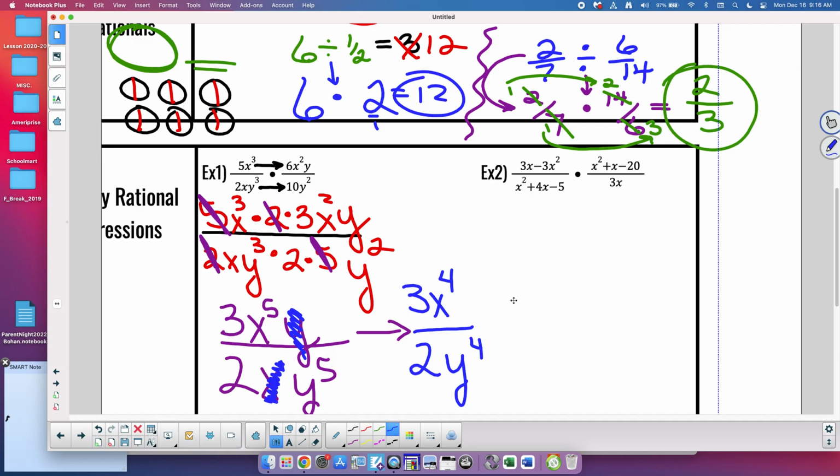Okay? So here's the problem. Binomial, monomial, trinomial, trinomial. The only thing you can touch is the tri with the tri. Are they identical? Well, no. Identical means that they look exactly alike. Oh, no. Guys, nothing up here is going to cancel out. But we said on Friday, try to factor everything you can see.